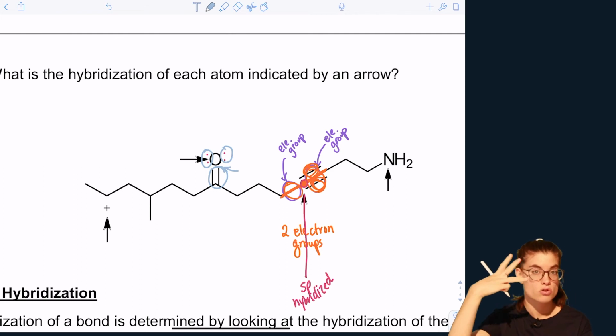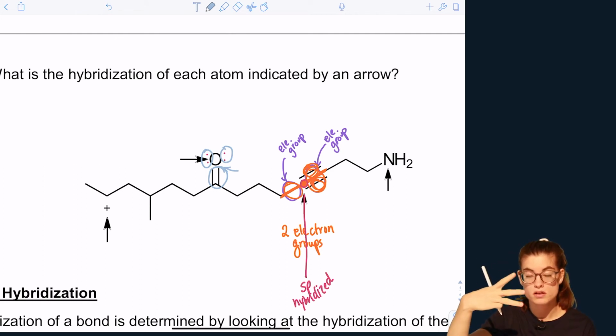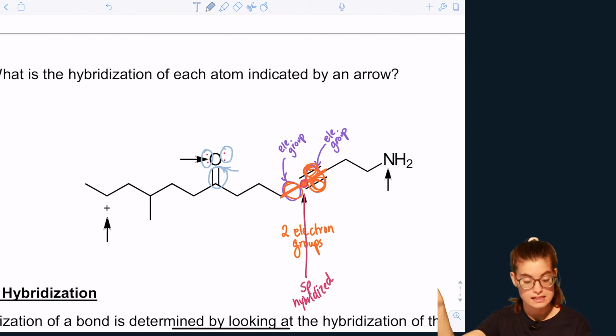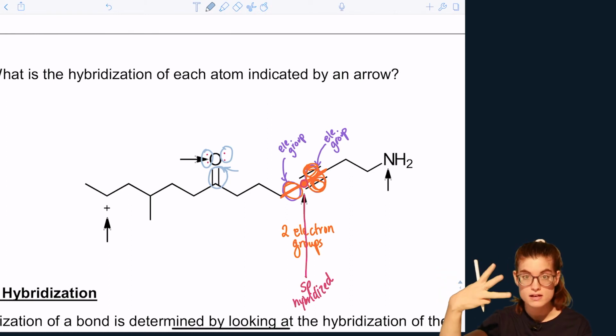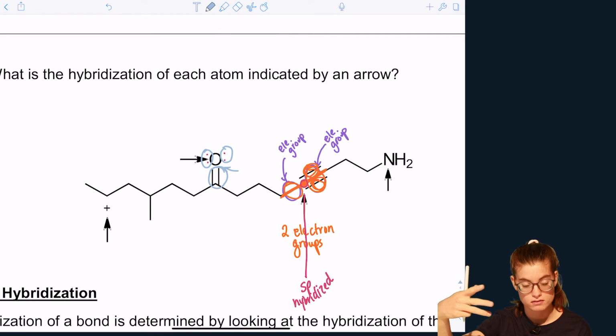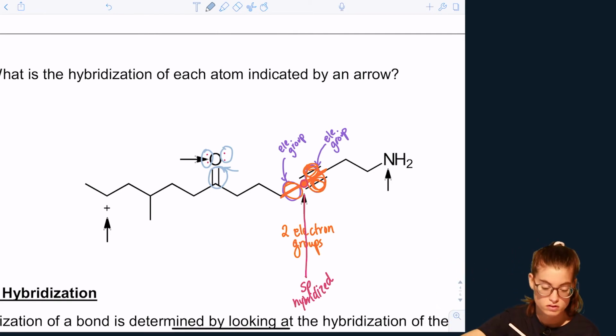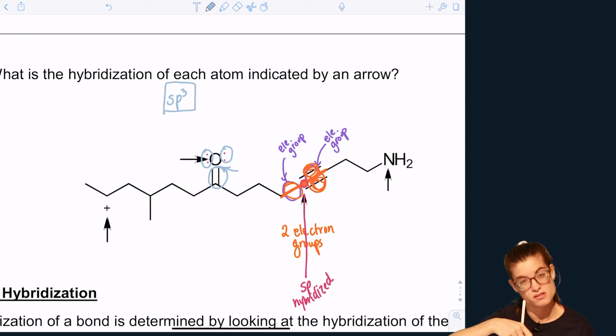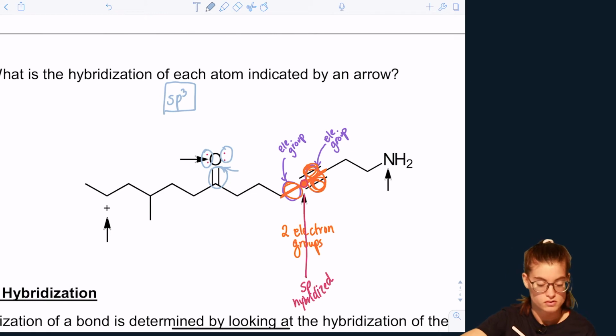So if it has 3 electron groups, how many hybrid orbitals did it need? Well, the answer was 3. And so what hybrid orbital can give us 3 hybrid orbitals? Well, remember, if we use sp3, that means we put in 4 orbitals. We don't want 4 orbitals, so it's not sp3. If we have sp2 hybrid orbitals, that means we have an s and 2 p's.